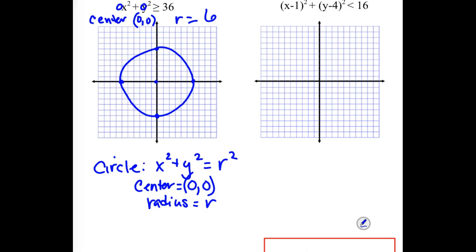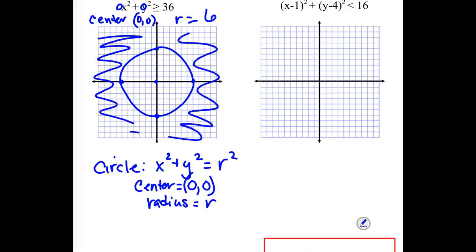No. So I don't want the origin. It means I don't want the stuff inside the circle. I want it to be outside. Okay? And if you think about it, we want the radius squared to be bigger than 36, right? So we want all the points that would be bigger than 6 spaces from the origin. That would be the things on the outside of that circle.